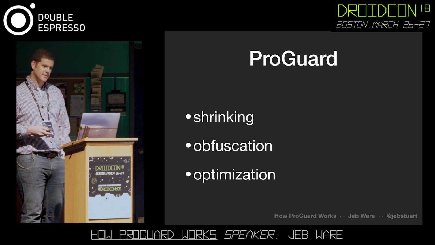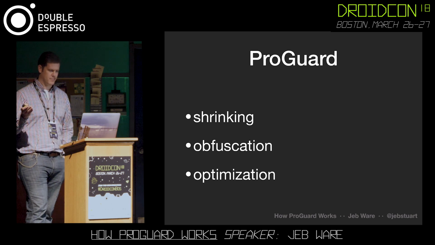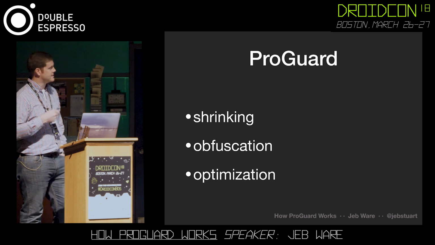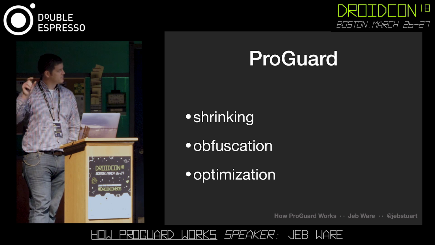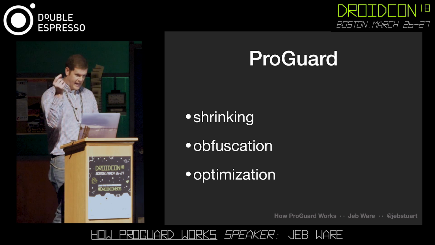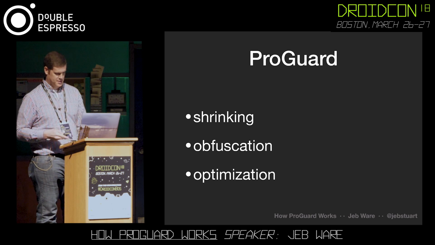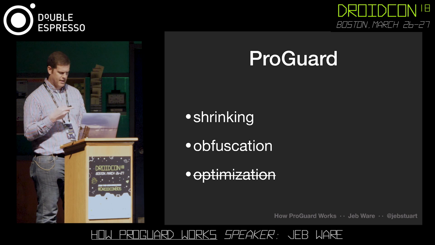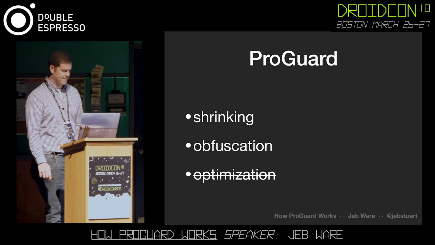It does code shrinking, which finds the unused code in your app, code that's not being called anywhere, and removes it. It does obfuscation, which gives you those meaningless names. So instead of super secret license verifier, activity factory, whatever, it's just A. And it does Java bytecode optimization, which we're not really going to talk about because it's off by default, and I'll explain why in a little bit.